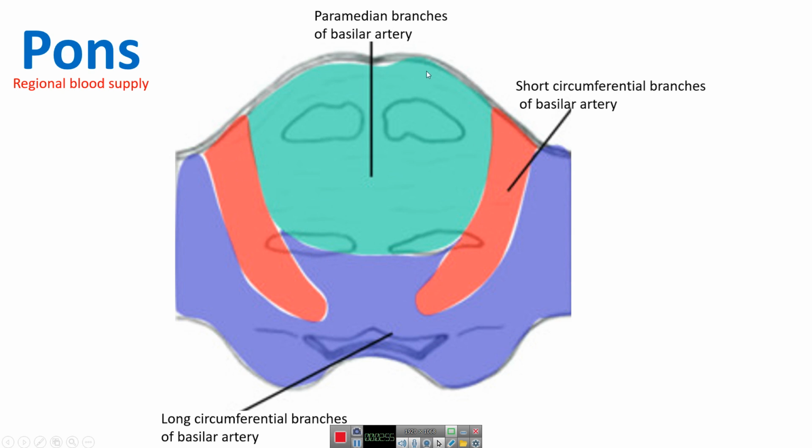And then this basilar artery gives circumferential branches, one on each side, which is the short circumferential branch supplying the next area of this paramedian line, and then a long circumferential branch of the basilar artery supplying the posterior part of the pons. This map is called the regional blood supply of the pons. All are supplied by the basilar artery, but we have a paramedian branch, we have a short circumferential and a long circumferential branch.